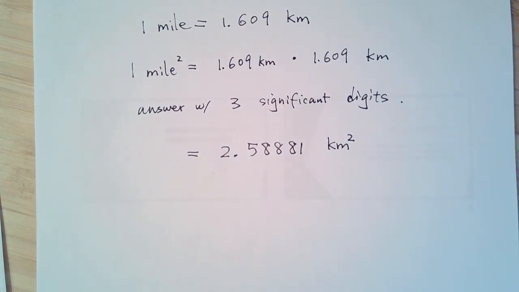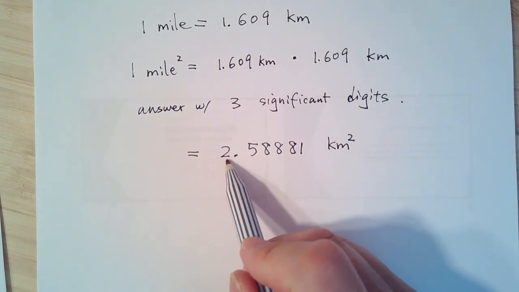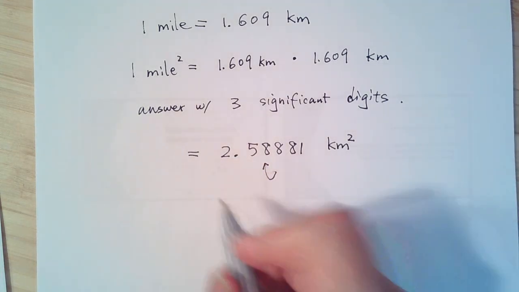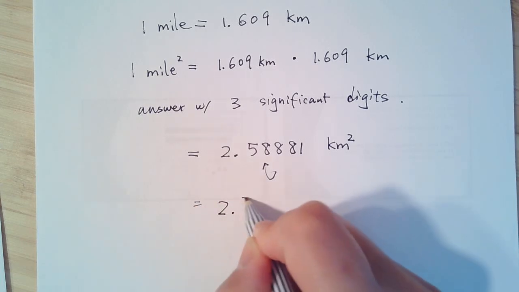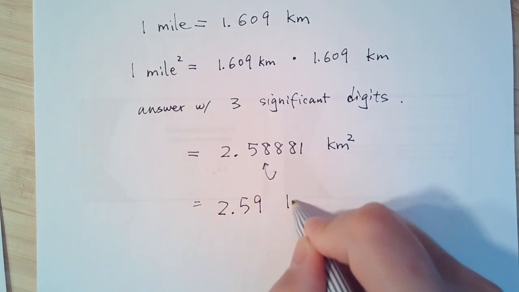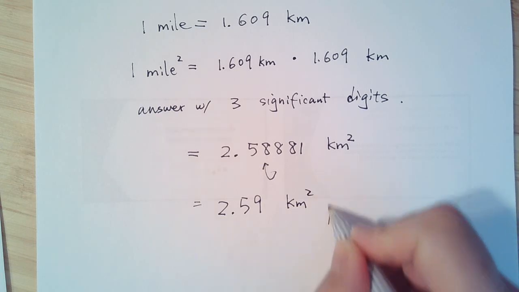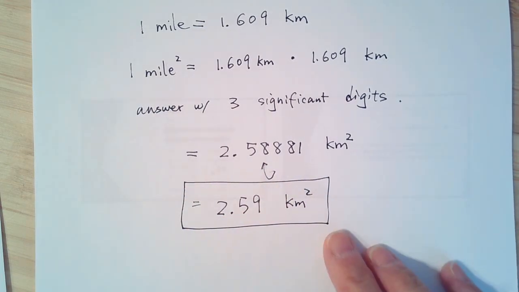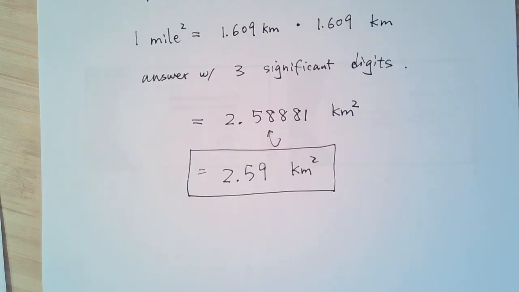So I need 3 significant digits. I'm going to round this one. So 2.5881 becomes 2.59 square kilometers. That is your answer. So that's how you give me your answer with 3 significant digits.